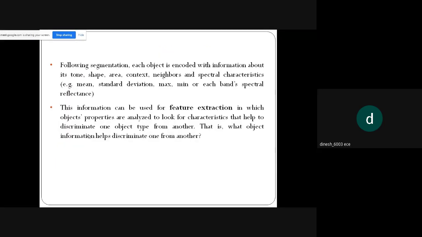Following the segmentation, each object is encoded with information about its tone, shape, area, context, neighbors, and spectral characteristics. Those are the mean, standard deviation, maximum, minimum of each band's spectral reflectance.